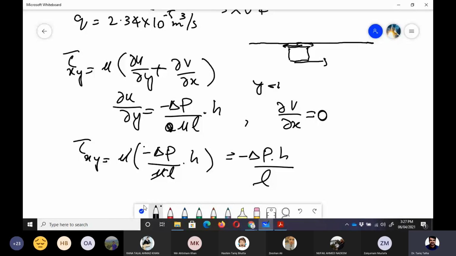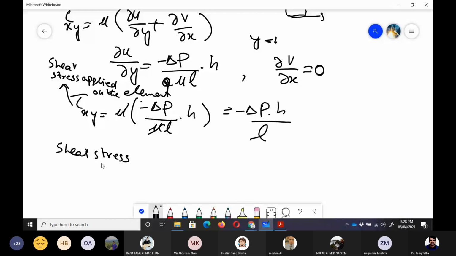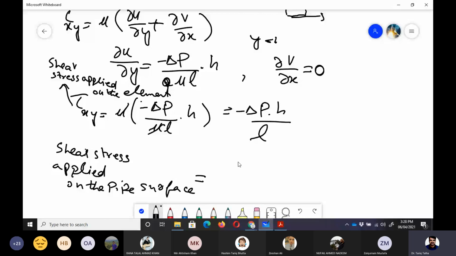So this is the tau xy, the shear stress applied on the fluid element. And if I want to find the value of shear stress applied on the pipe surface, that would be equal and opposite to this. So that would be equal to delta p h by L.